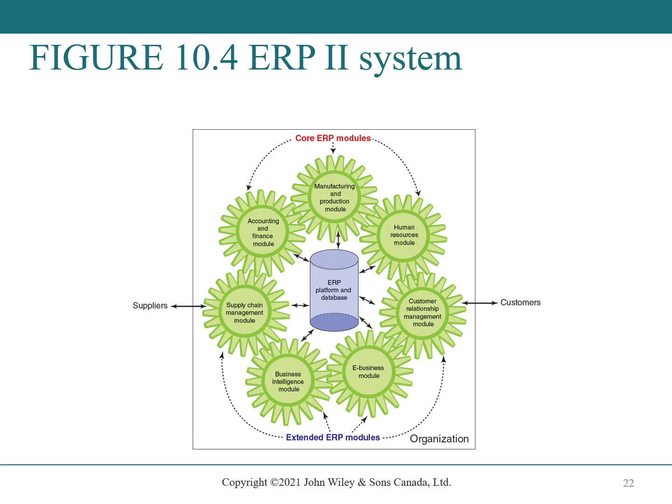At the bottom, including the last two that I spoke about, we have extended ERP modules, Business Intelligence module and E-Business module. So this gives an idea of how an ERP2 system could look for an organization that needs to be able to interact outside of its own boundaries to its customers and suppliers for maximum efficiency.